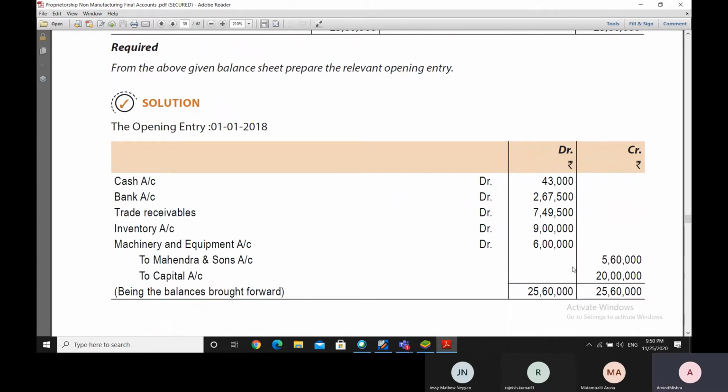So in this way, the capital account and the Mahindra and Sons account are on the liability side, and they were having credit balances.